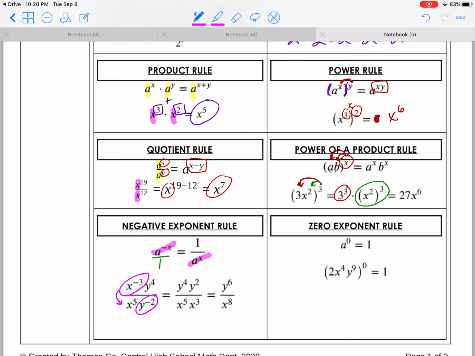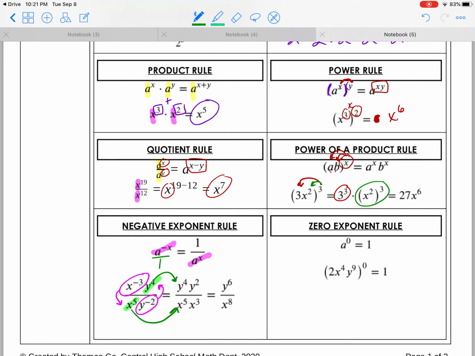I can't have that negative exponent, so it's going to move to the opposite, which is the numerator. Now the y to the fourth here and the x to the fifth, since both of those were positive, they don't move. If you look, both of them came directly over in their same position.